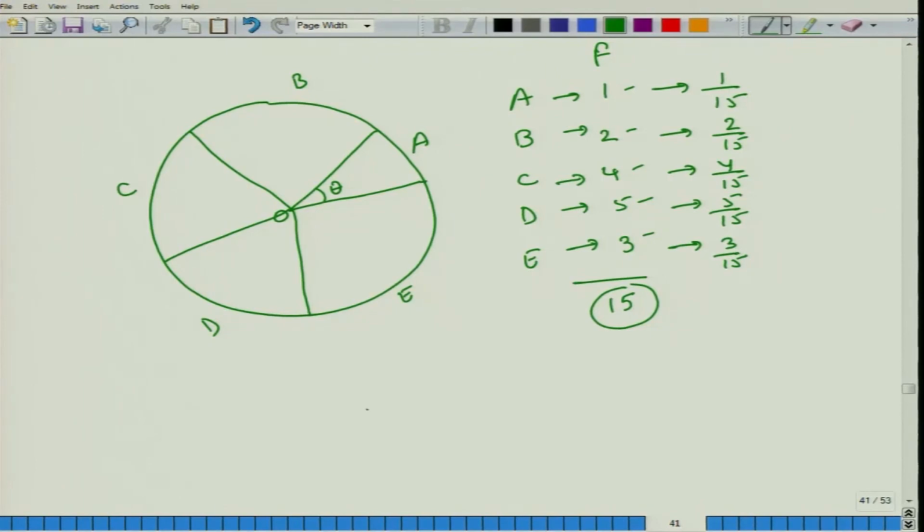Now, remember, when you have a circle and the radius goes all around, it makes 360 degrees. So, if we wish to figure out the angle subtended by any one value, say A, we multiply these values by 360 degrees.